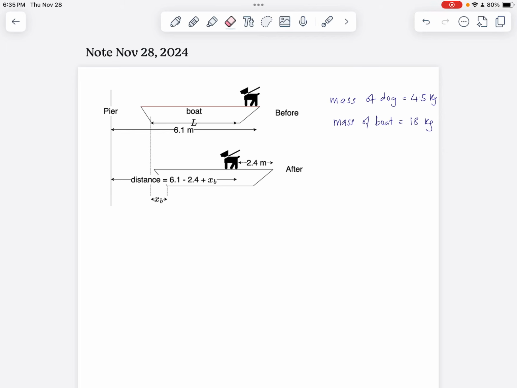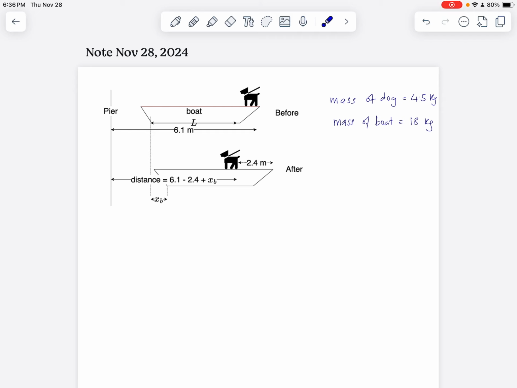In this particular problem, we have a dog that is sitting on one end of a boat to begin with, and it walks towards the pier by a distance of 2.4 meters.